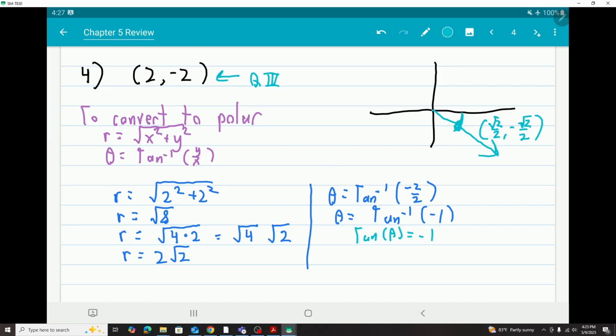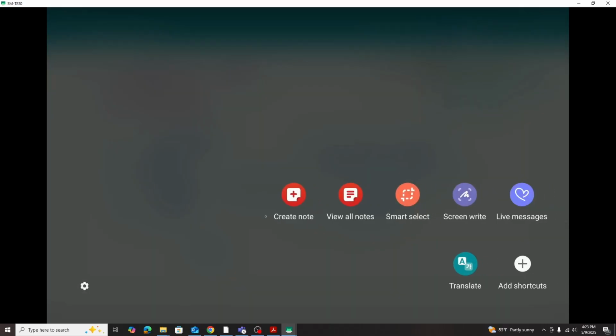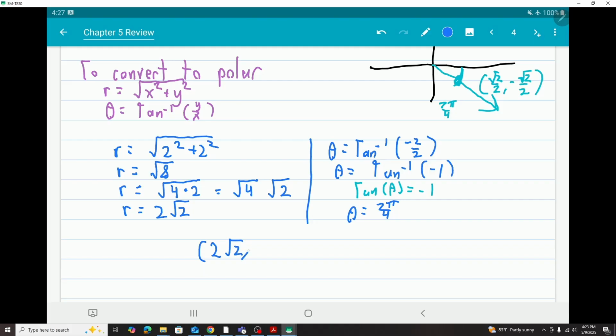And so that angle happens at 7 pi over 4. So theta is 7 pi over 4. And now we wrap that all up into one nice neat little package, 2 square root 2, comma 7 pi over 4. And those are our polar coordinates.